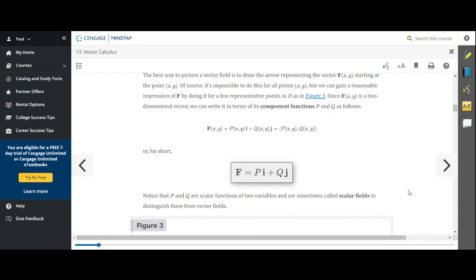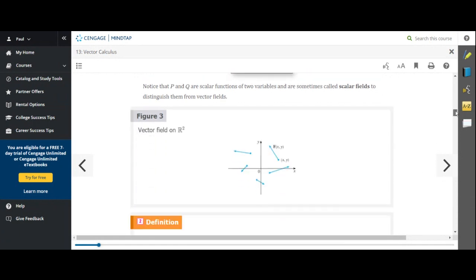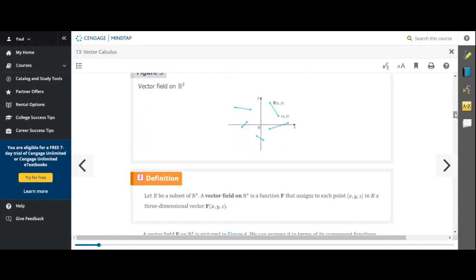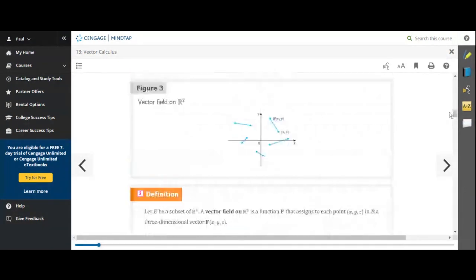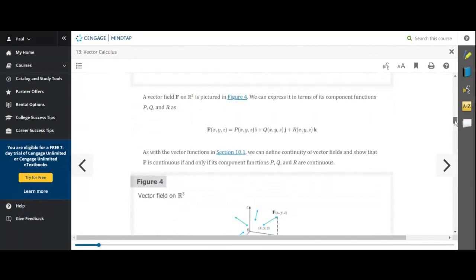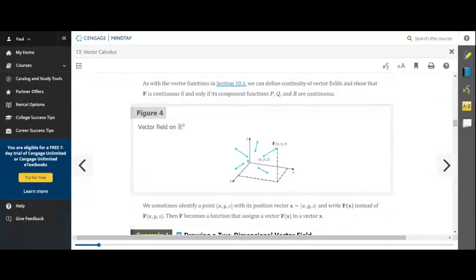So how do we draw a vector field? Let's look at one where we can draw one. This is a 2-dimensional vector field, by the way, in figure 3. And figure 4 has a 3-dimensional vector field. We're living in a 3-dimensional vector field, right? What 3-dimensional vector field are we all living in on Earth?